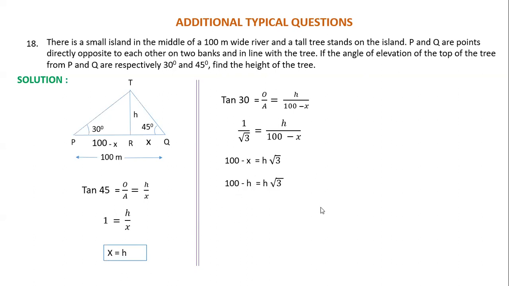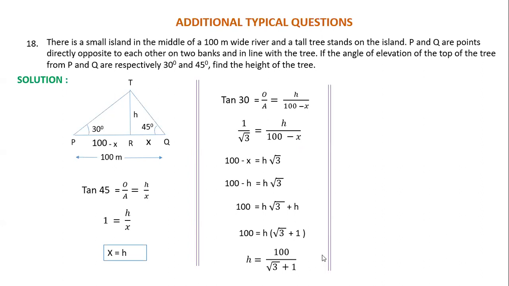Now I take H this side. 100 is equal to H root 3 plus H. Take H common, root 3 plus 1. So H is equal to 100 upon root 3 plus 1. Rationalizing it, multiply by root 3 minus 1 on both.